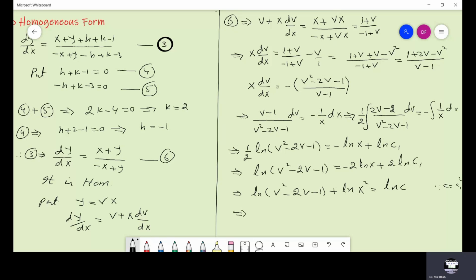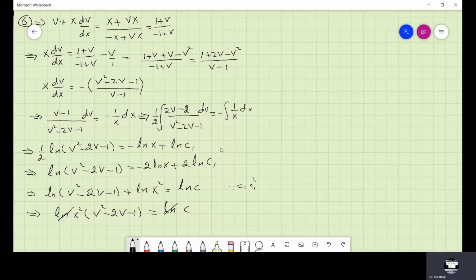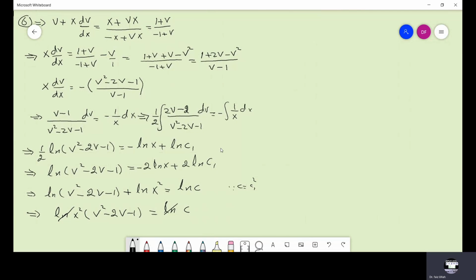And now again by using the rule of logarithm, we have ln of x square into v square minus 2v minus 1 is equal to ln c. Let us cancel ln from both sides. So now we have to separate the screen once again. Let us see what will happen in the next step.